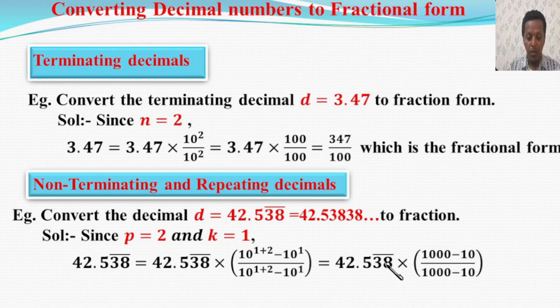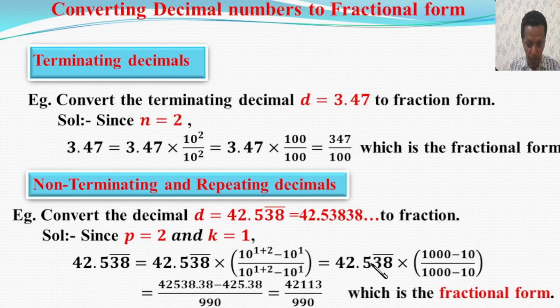So here we multiply the decimal first by 1000, then we subtract the decimal times 10.